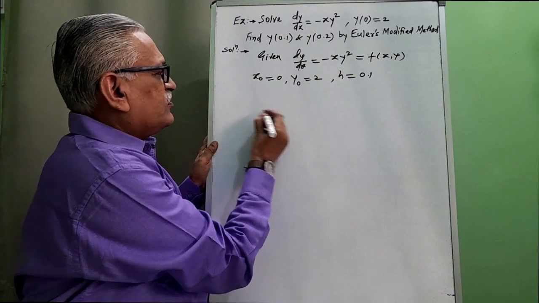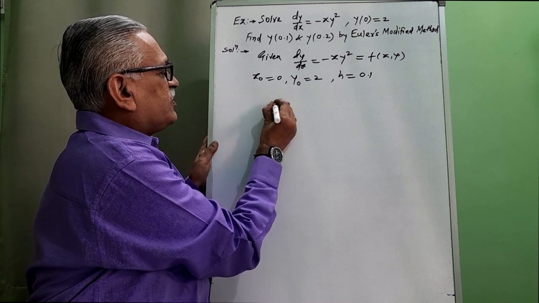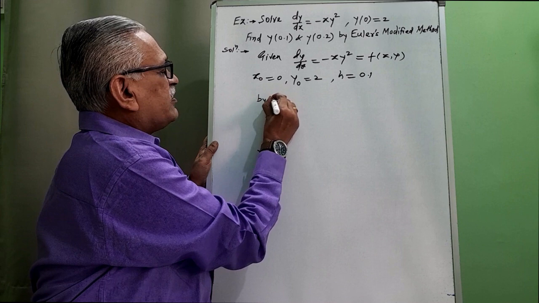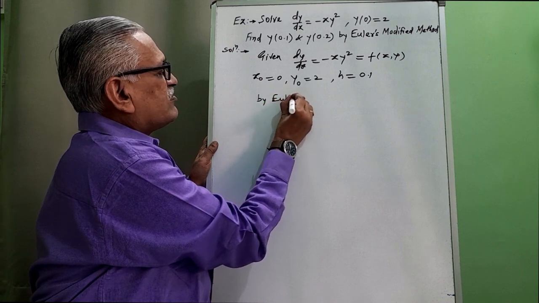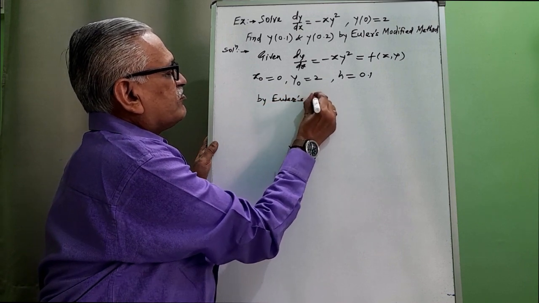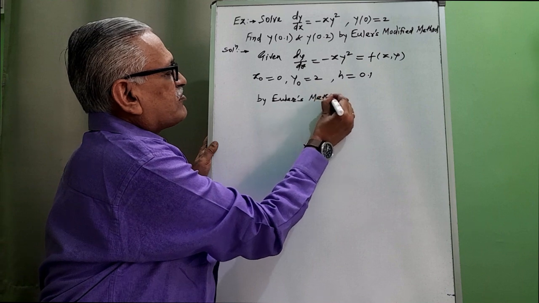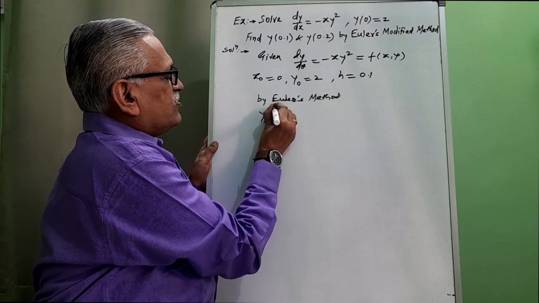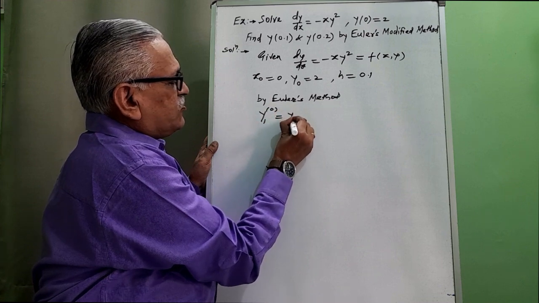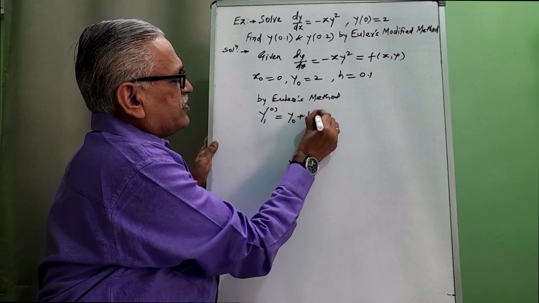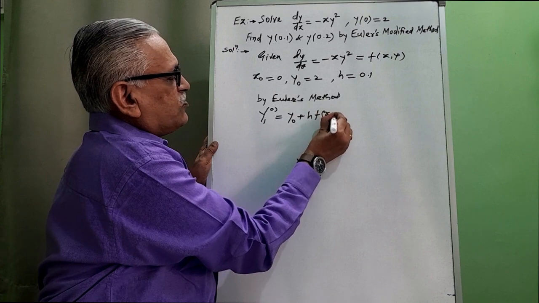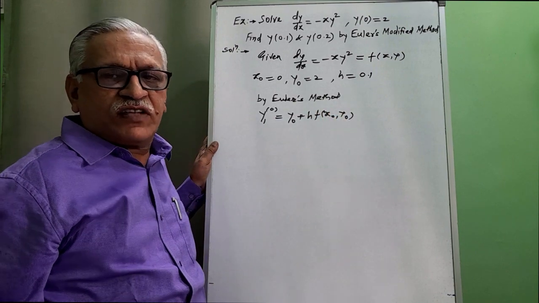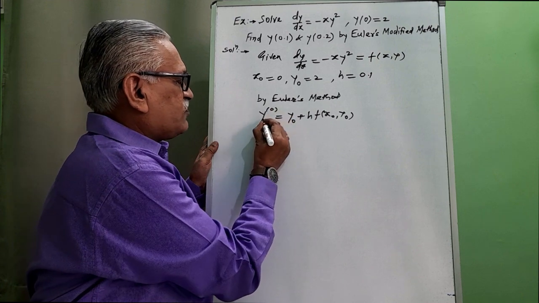Therefore, we start with the initial approximation by Euler's method: y1 superscript 0 is equal to y0 plus h f of x0 y0. Using this, we find the initial approximation for y1.